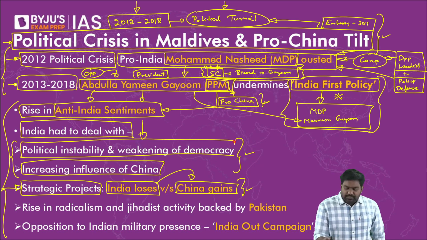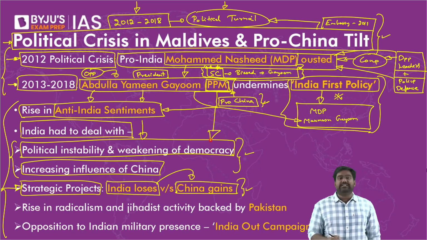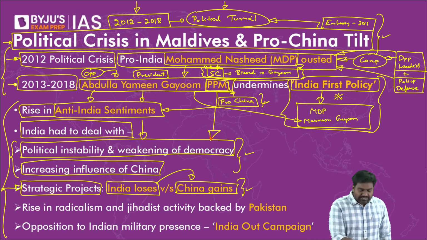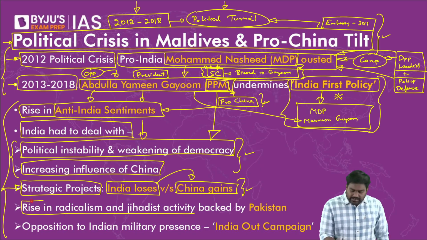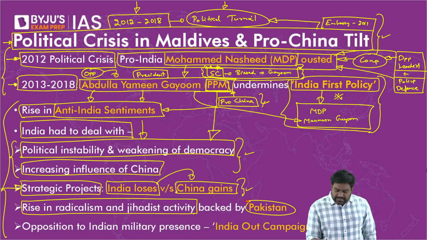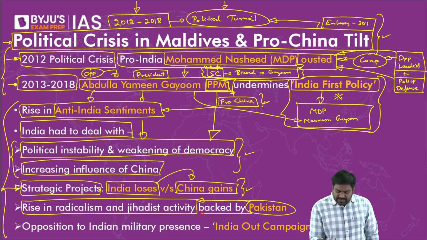The political instability and the chaos weakened the democracy as well. It also increased radical extremist activities. Several radical fundamentalist jihadist groups started gaining influence as Pakistan started using Maldives to target India.